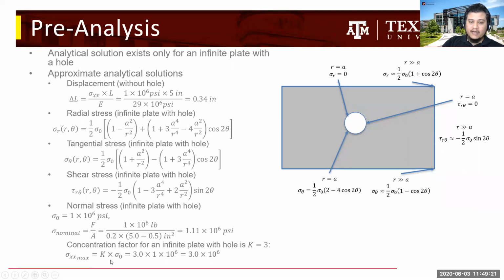If we multiply that factor by the applied load, we get the maximum value of sigma xx which we may encounter in a case where we have a hole in an infinite plate. These things may not make a lot of sense right now, but once we have the results for this analysis, we'll come back and compare these two things side by side to get a better idea.